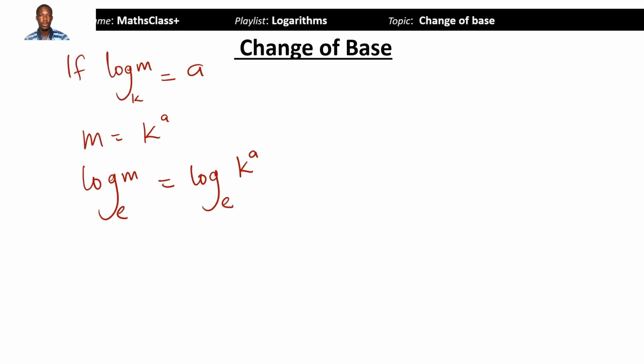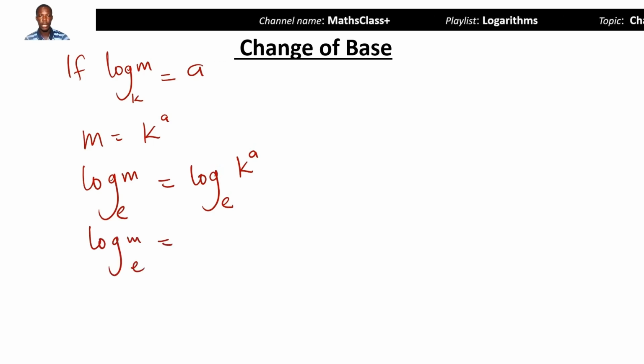As we know, I can drop the exponent and obtain log m to the base e is equal to a log k to the base e. Now, my next task is to make a the subject. So I divide through by log k to the base e.